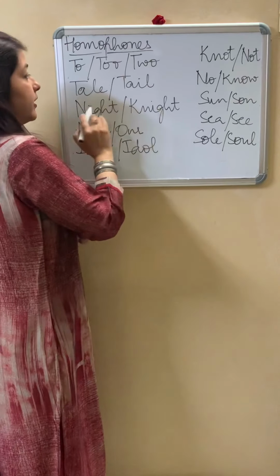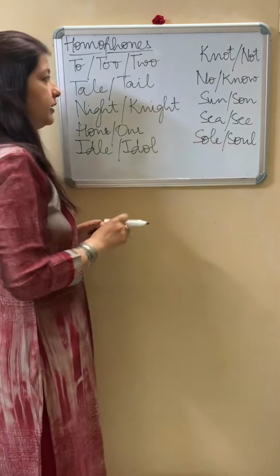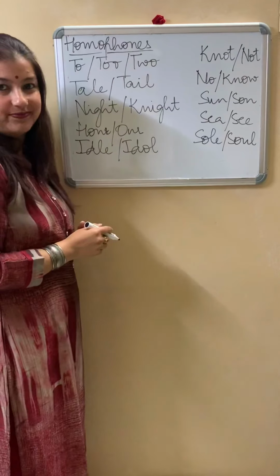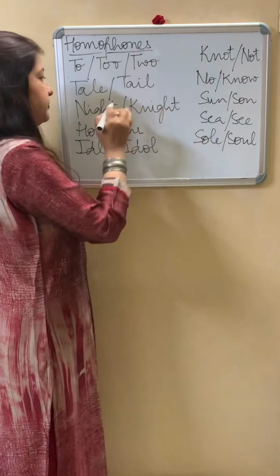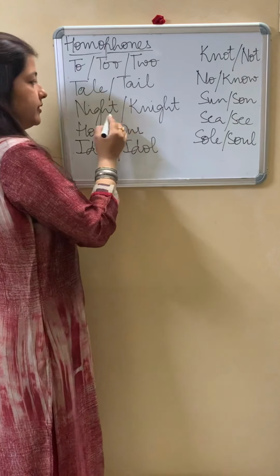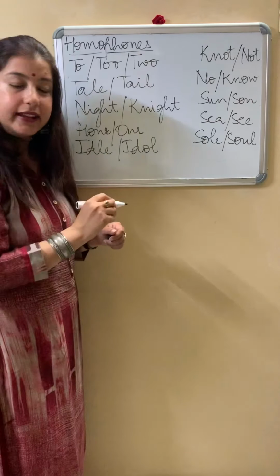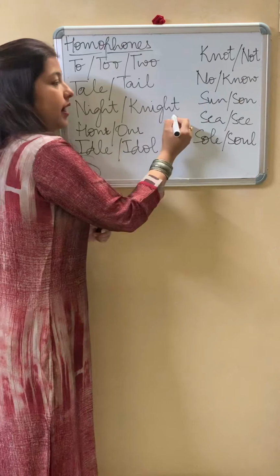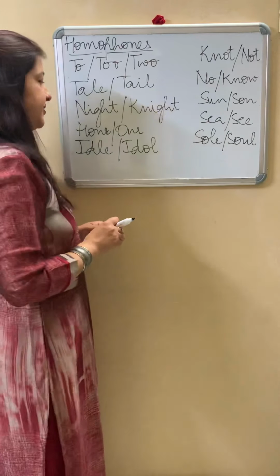Next, the tale we heard was of a monkey with a long tail. This tale is a story. This tail is part of a body. Then, night. The story I told you at night was about a knight who was going through the forest.